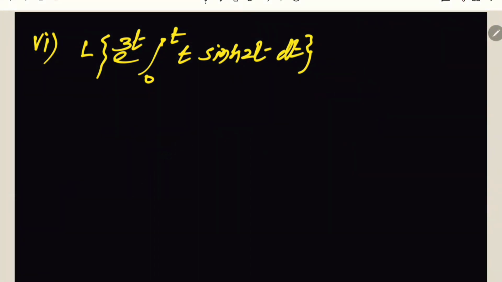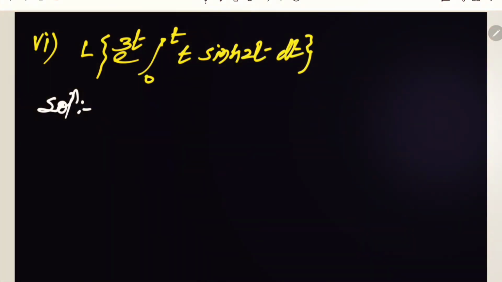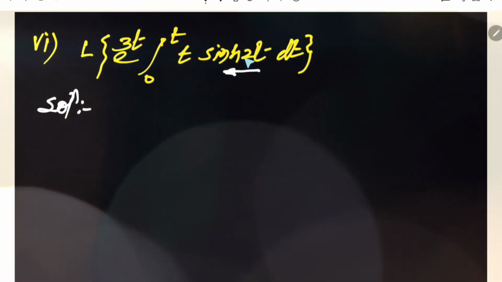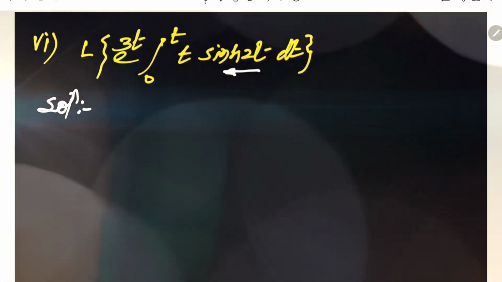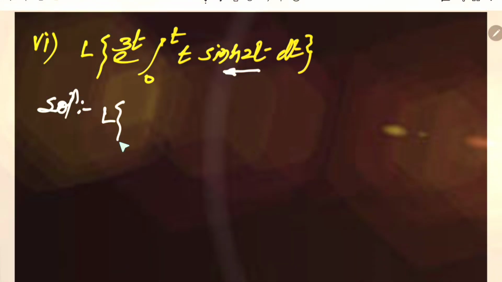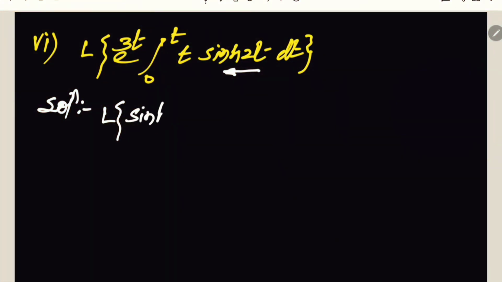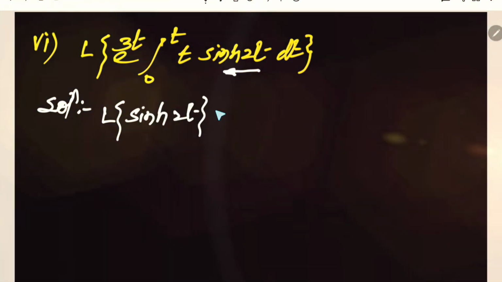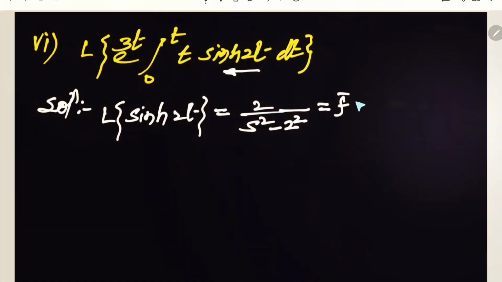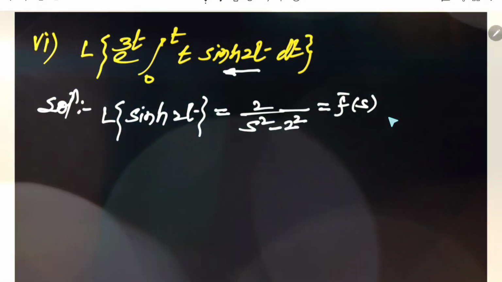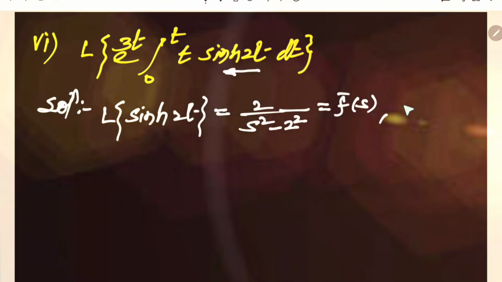Again, from right to left, first we have to find Laplace of sine hyperbolic, then multiplication by t theorem we have to apply, then Laplace of integral, and finally first shifting theorem. Therefore, Laplace of sine hyperbolic 2t, as per standard result, it is 2 upon s square minus 2 square with the condition s greater than 2, and we call this as f bar of s.